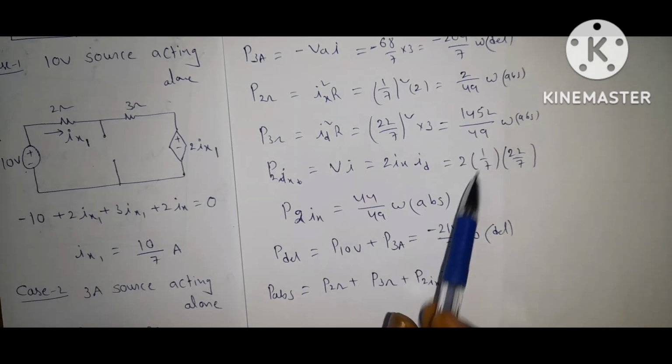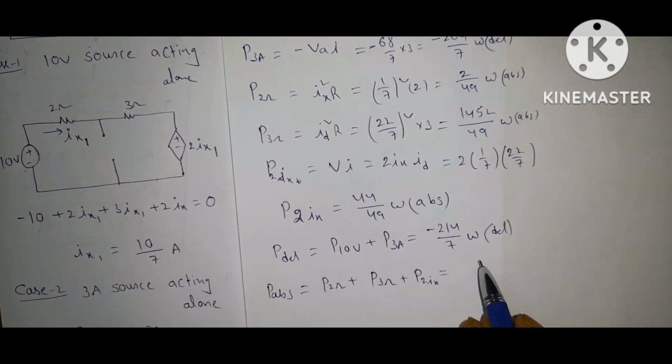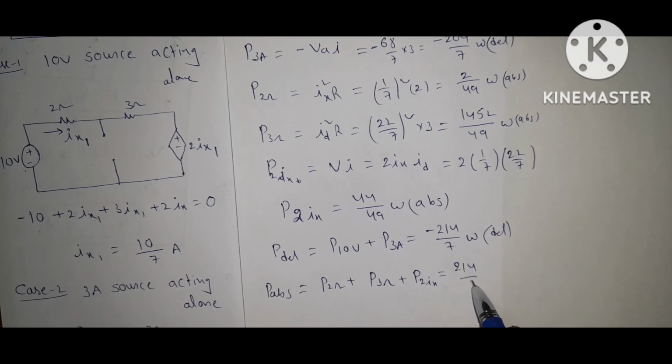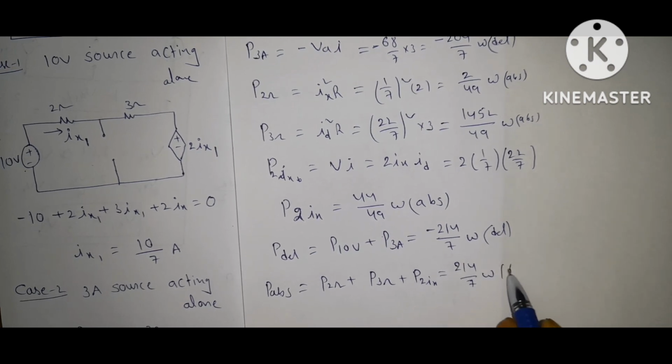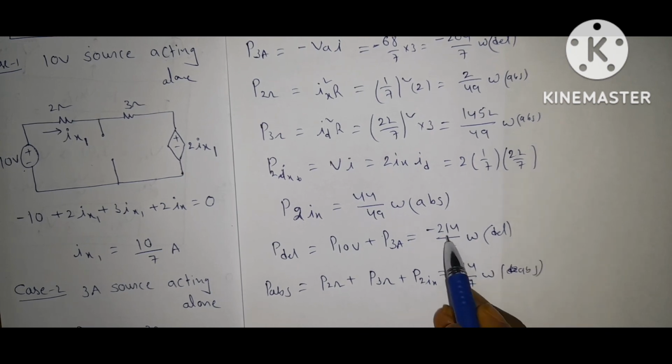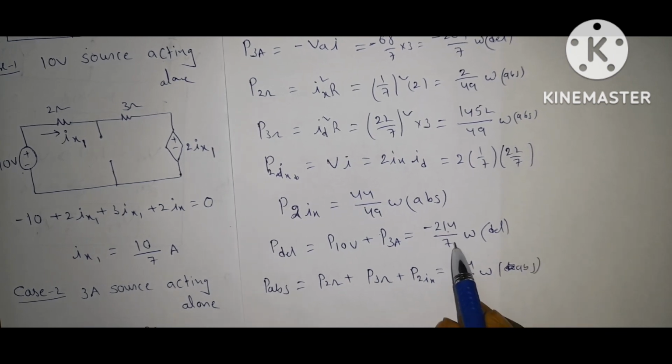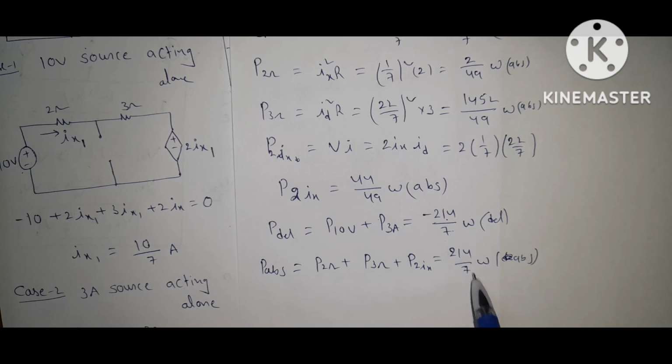If you add these three, you will get 214 by 7 watts. This is absorbing. So here it is 214 by 7 watts delivered, and here it is 214 by 7 watts absorbed. So power delivered is equal to power absorbed. So Tellegen's theorem is verified.